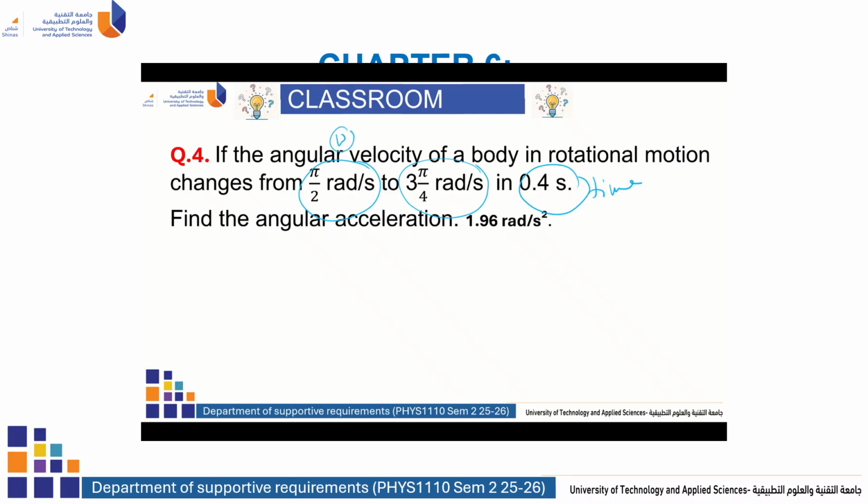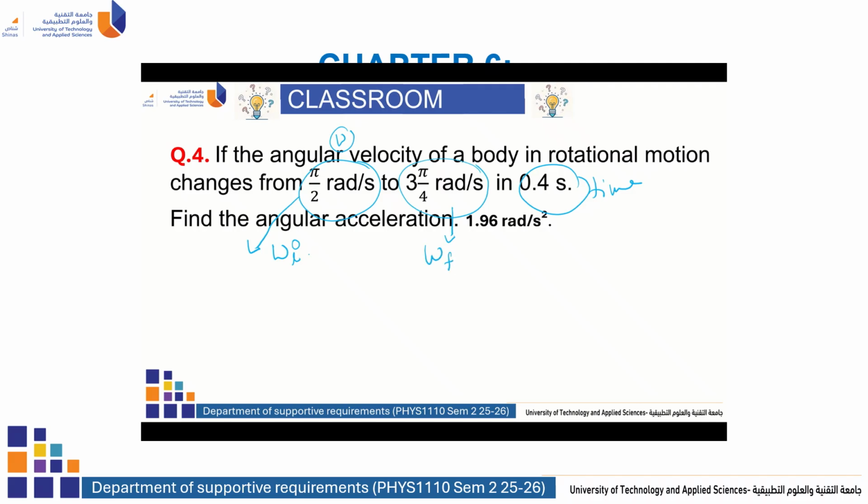The first value I will assume is the initial value, omega i, the initial angular velocity, and the later value is the final value, omega f.